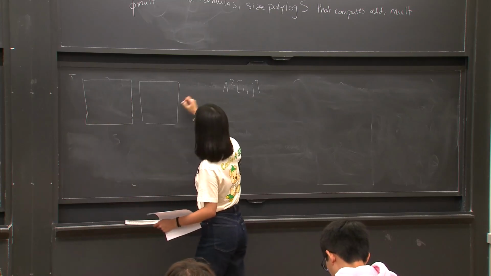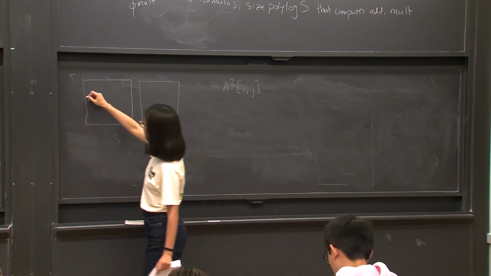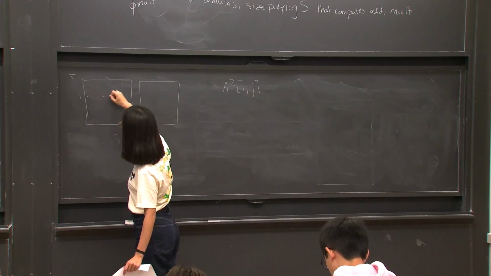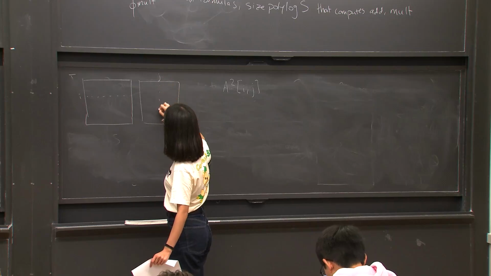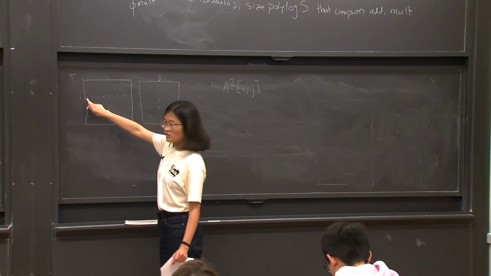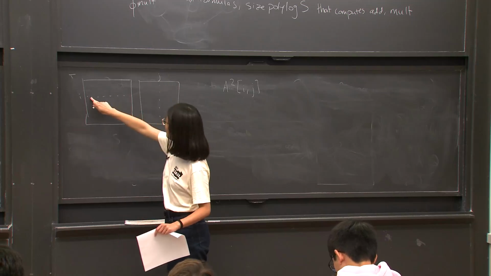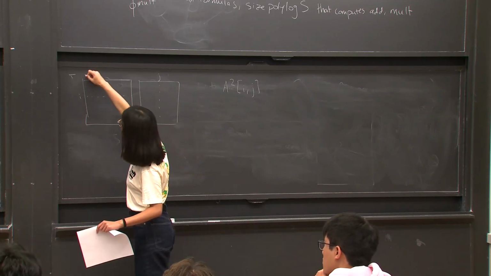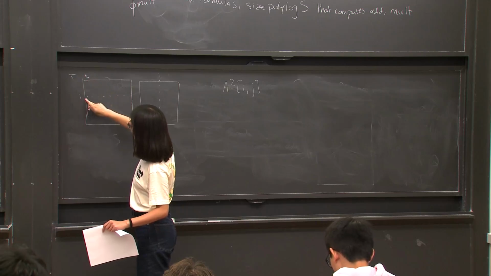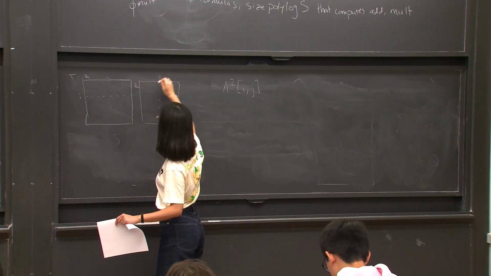If you want to look at the ijth entry of the product of these two matrices, you take the ith row, look at all the entries across it, take the jth column, look at all the entries down it, and take the pairwise products and the sum. So you take this entry times this entry, and so on. Essentially, you look at the entry corresponding to going from i to k, and then from k to j.